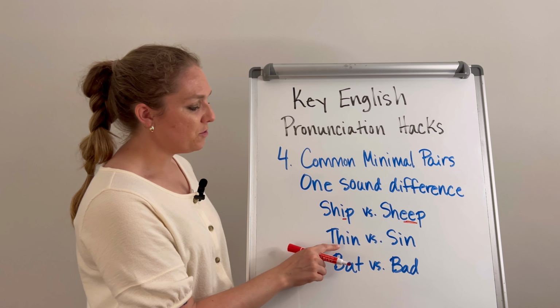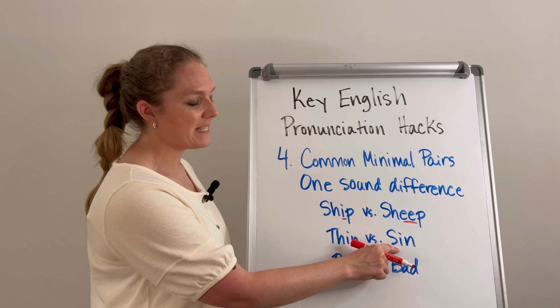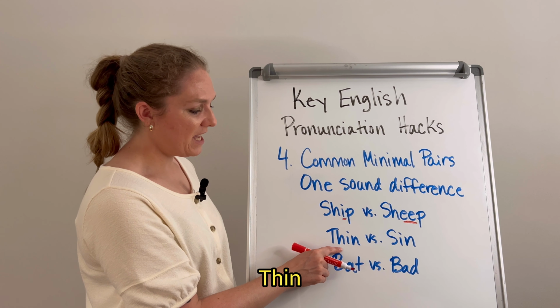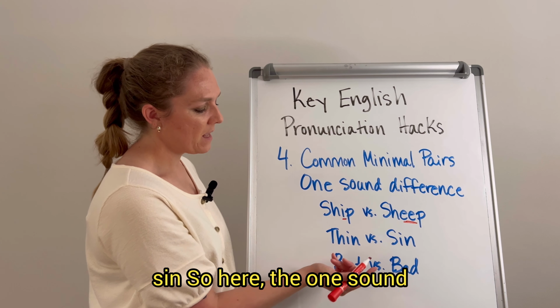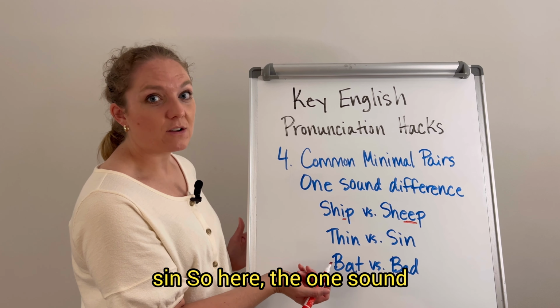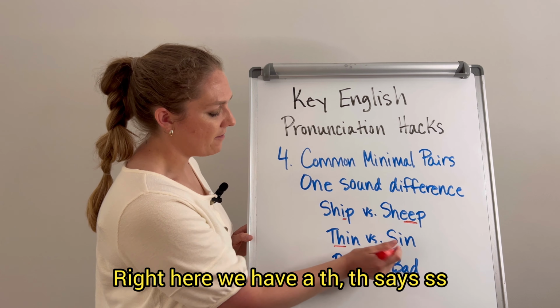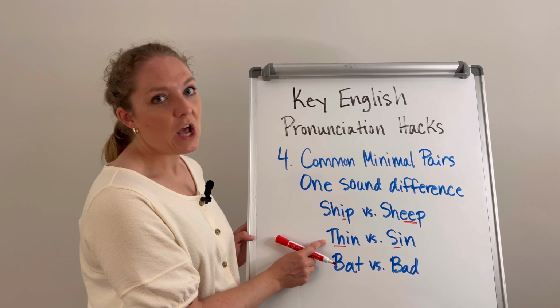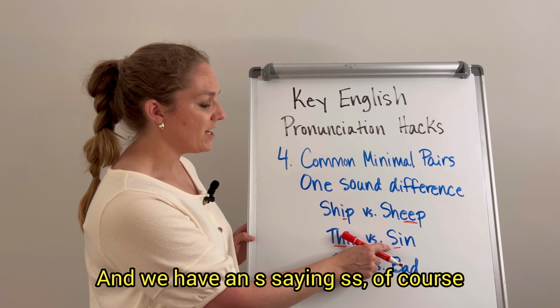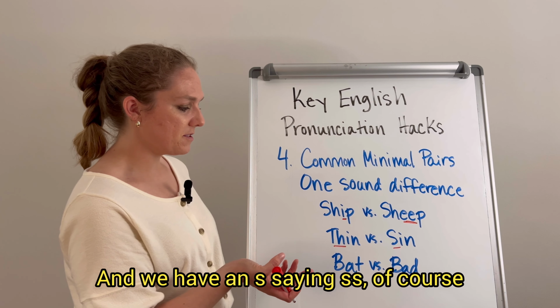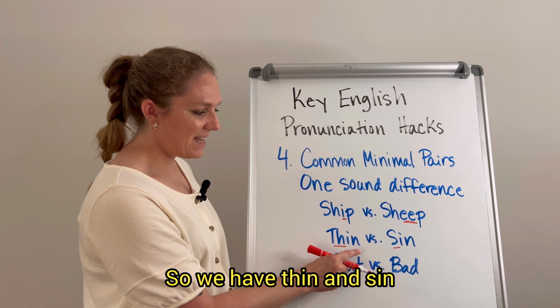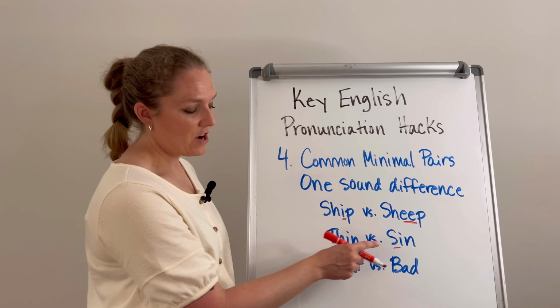The next two, thin, sin. So here, the one sound that is different is the beginning sound. Right here, we have a TH, and we have an S saying S, of course. So we have thin and sin.